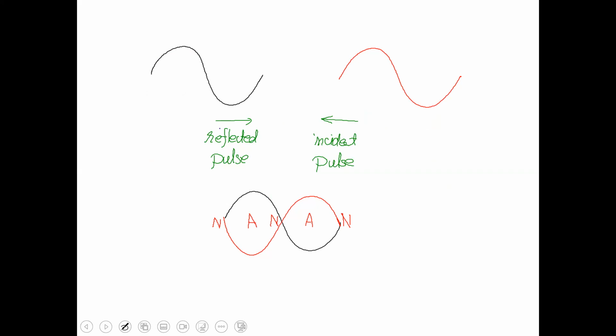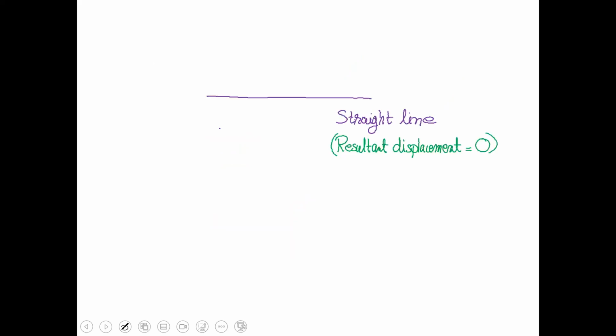Can you tell me, I put my question here, what is the resultant displacement when a stationary wave is formed? Look at the screen. Zero. Good. This is a very famous question.